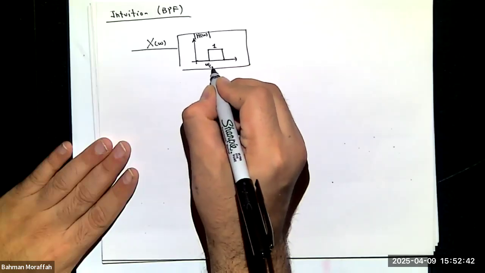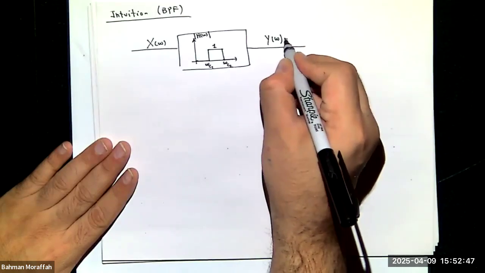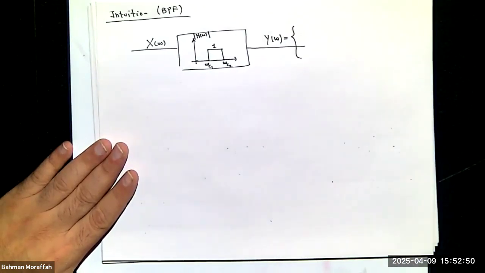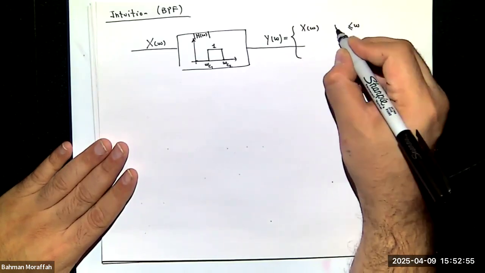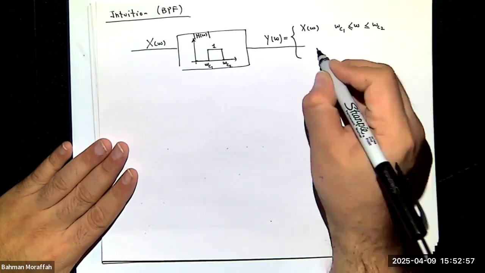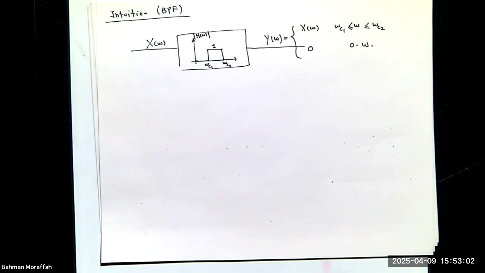This is 1, this is omega C1, and this is omega C2. I get my Y of omega, which is exactly X of omega for all frequencies between omega C1 and omega C2, and 0 otherwise. Since we have 2 cutoff frequencies, we cannot build this with only 1 storage element. So it must be a second order filter.